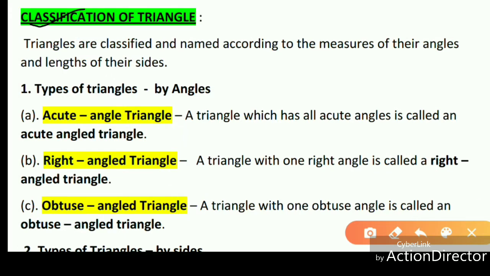Classification of triangles. Triangles are classified and named according to the measures of their angles and the lengths of their sides. Types of triangles by angles. Type A, acute angle triangle: a triangle which has all acute angles is called an acute angle triangle.